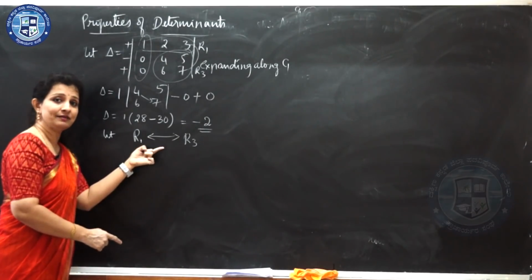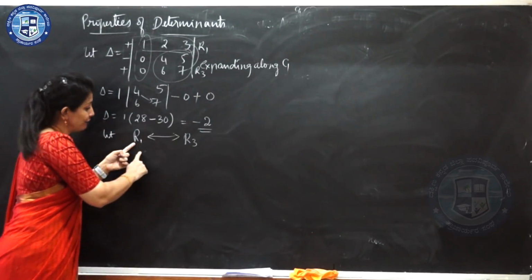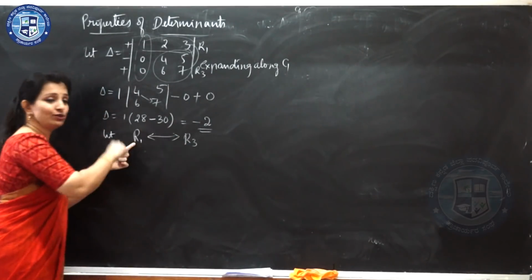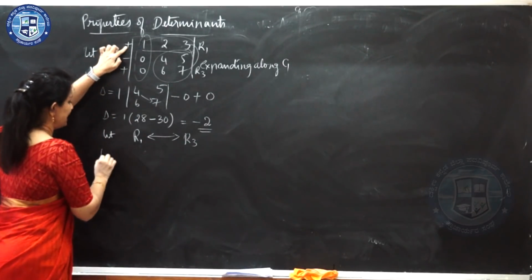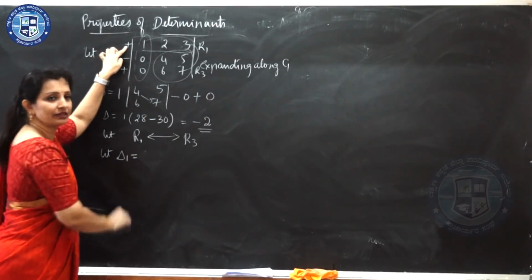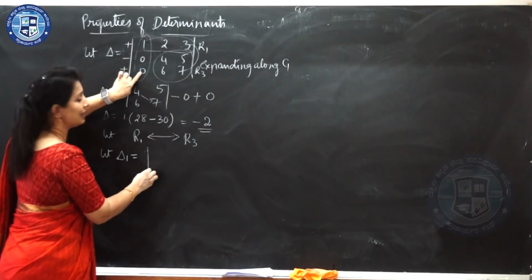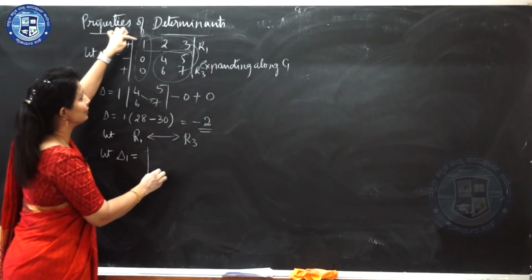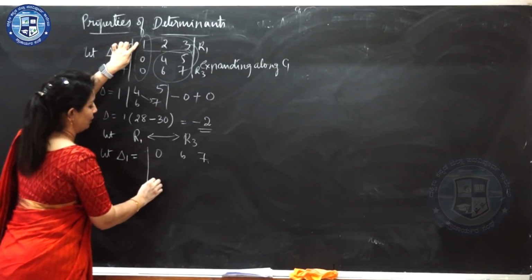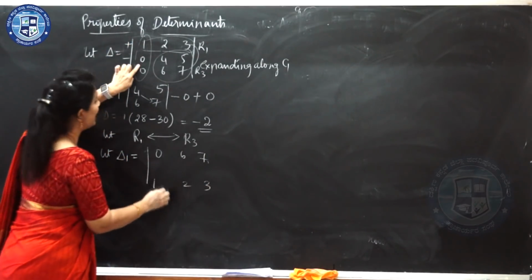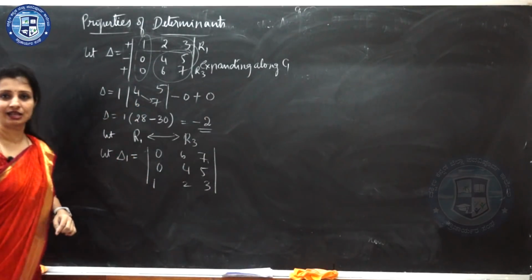What is the meaning? R1 changes to R3, R3 changes to R1. All the elements you have to interchange. So, let delta 1 equal, okay, so 1, 2, 3 comes to R3, 0, 6, 7 goes to R1. So, 0, 6, 7, 1, 2, 3. R2 remains the same, 0, 4, 5 as it is.